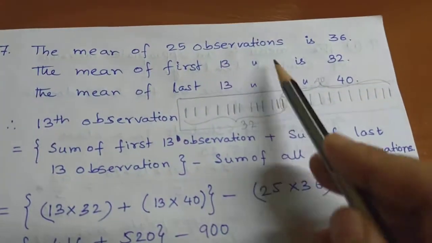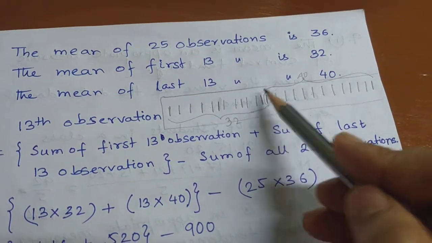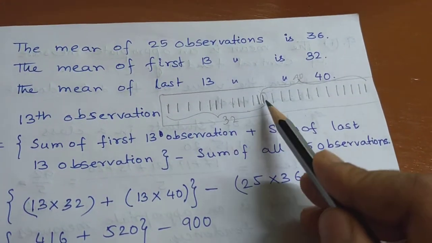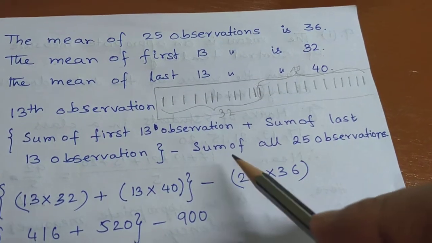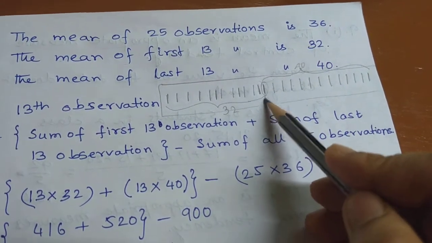Now if you can see this one, this observation is counted twice. If you total these two groups, this observation is counted twice, because it is present in the first 13 and also in the last 13. So how to find this observation?